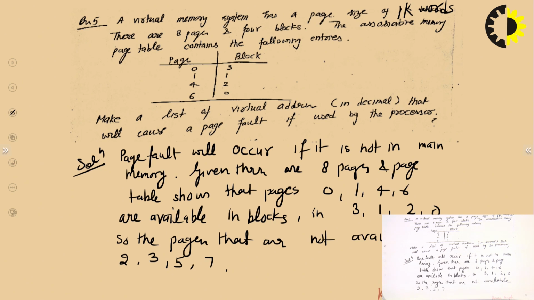Now, a simple question with the help of virtual memory. Suppose a virtual memory system has a page size of 1K, there are 8 pages and 4 blocks. 8 pages means the address space size is 8K, and the memory space is 4K.